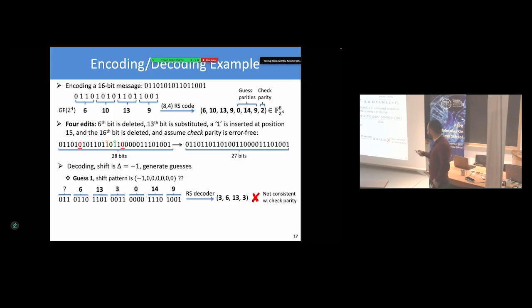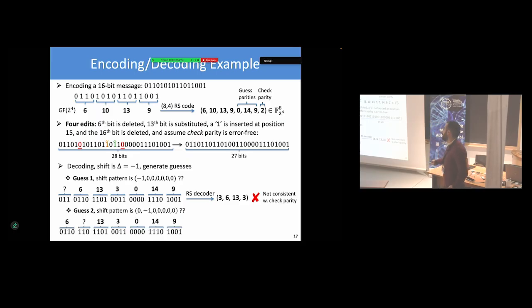So in the second guess, I will assume that the -1 shift occurred in the second block. I will do the segmentation again and treat this second block as an erasure. Now, comparing this to this, I have 1 erasure at the second position and 1 substitution at the 4th position.